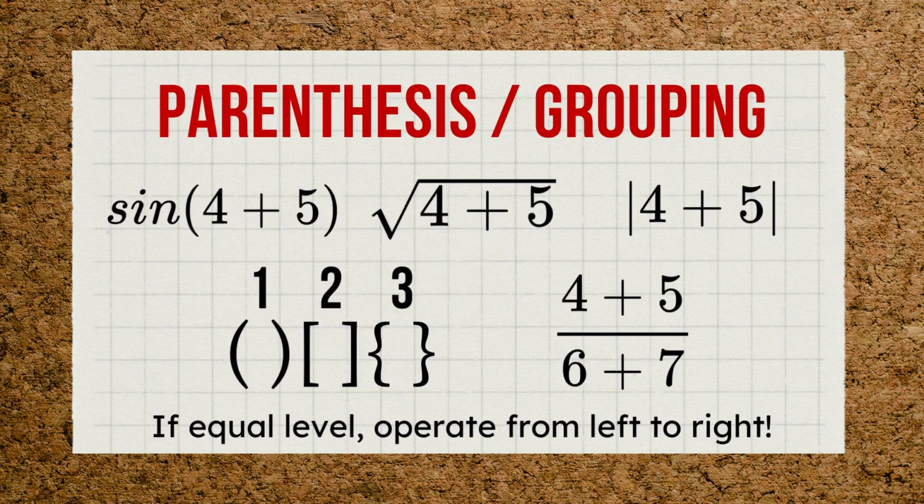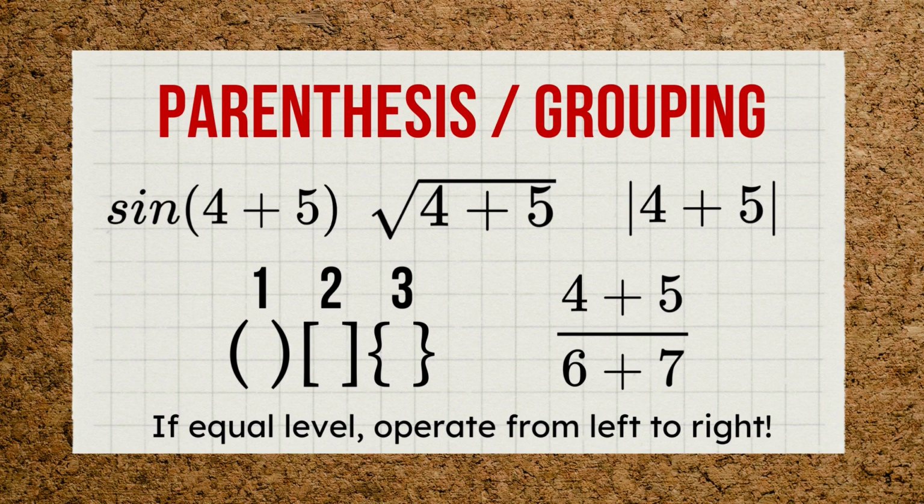So the first priority is the parentheses or grouping, or more specifically, what's inside them. This includes functions like sine, square root, absolute value, which is basically take away the sign, and fraction bars.